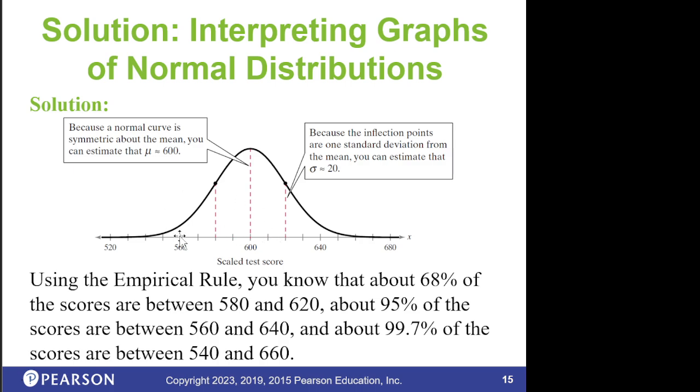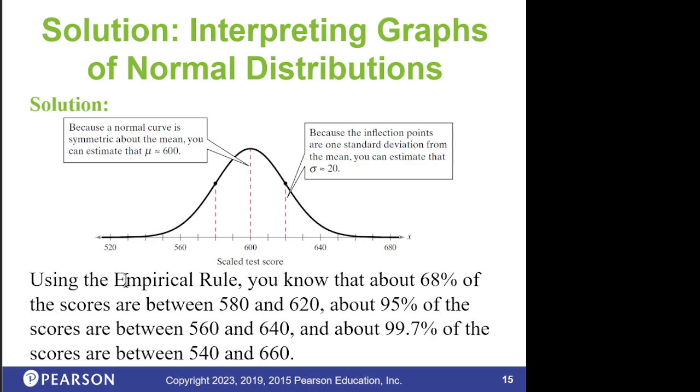If we go out to 2 standard deviations, there's about 95% of the stuff. And if we go out to 3 standard deviations, 540 and 660, there's 99.7% of the stuff. And that's the probability of lying between those two values.